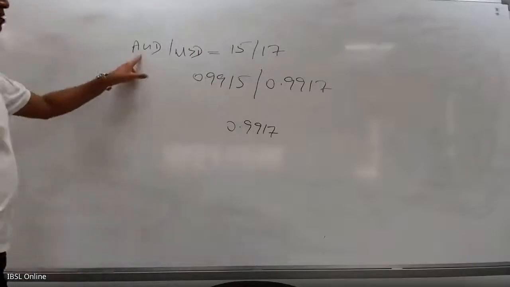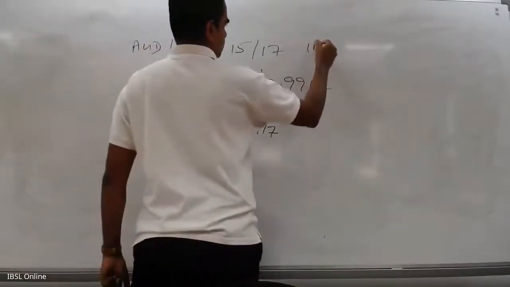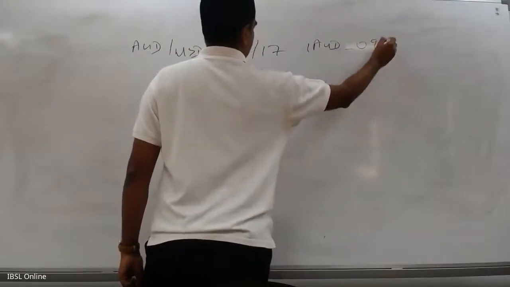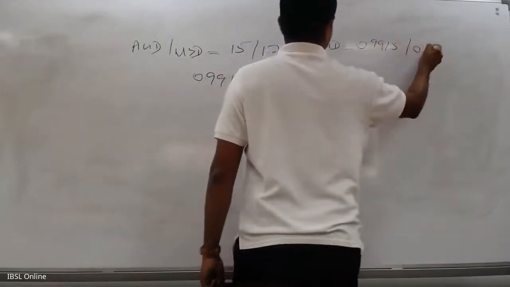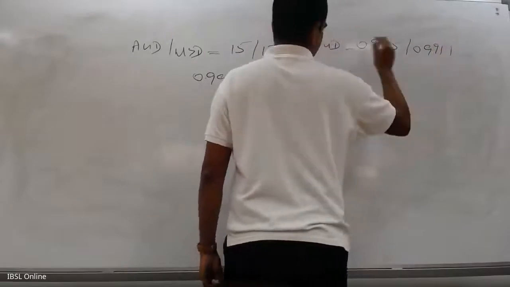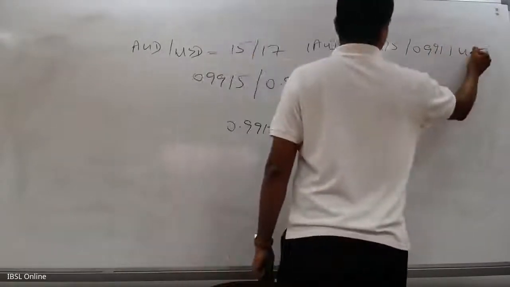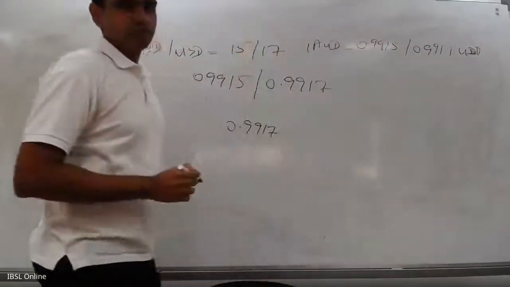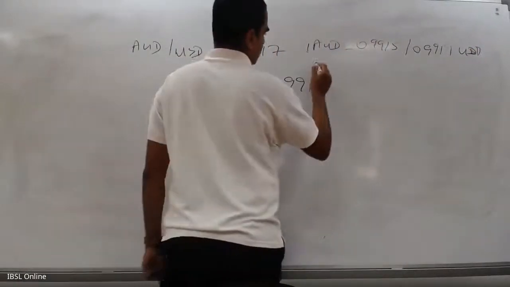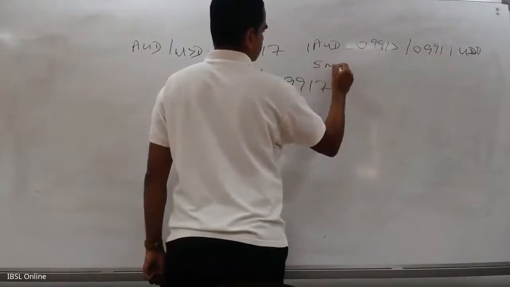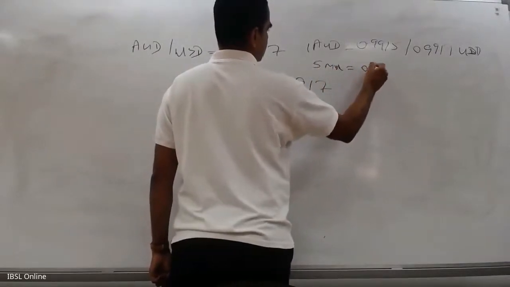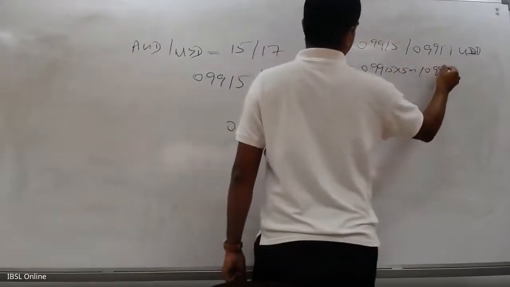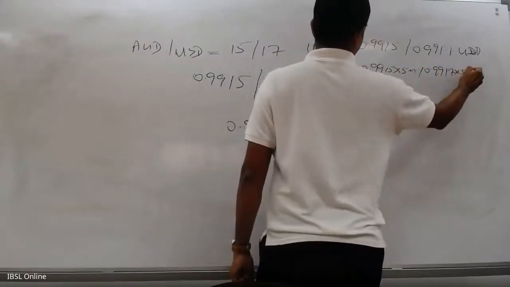So 1 Australian dollar, 0.9915, 0.9917. She is buying Australian, right, at the higher price. So 5 million Australian dollars if she is buying, 0.9915 into 5 million, or 0.9917 into 5 million.